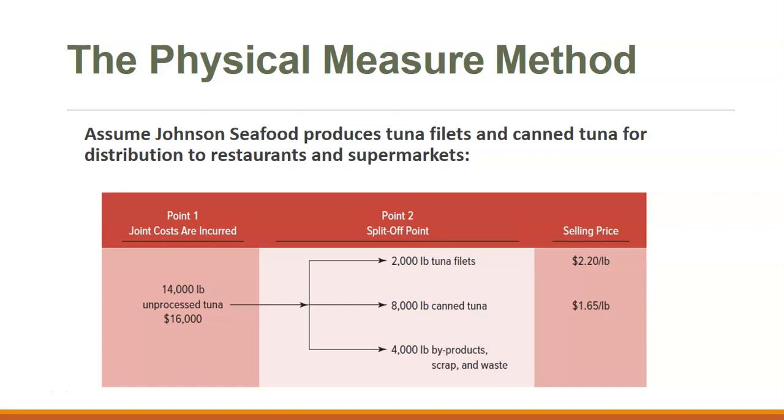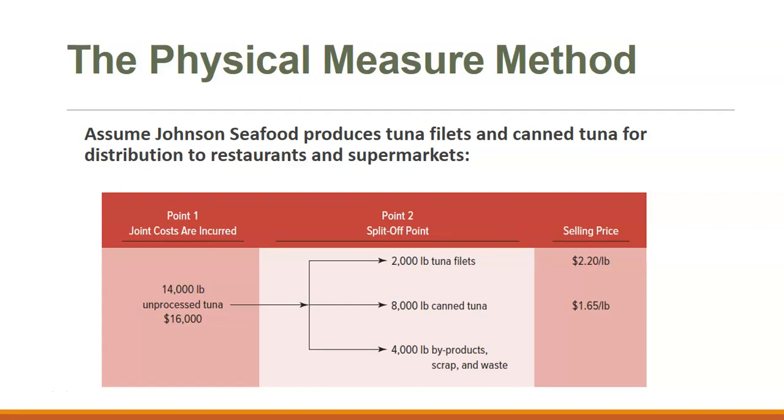So we see here from the process that 14,000 pounds of unprocessed tuna are total, and then we can split off into 2,000 pounds of tuna fillets, 8,000 pounds of canned tuna, or 4,000 pounds of byproduct scrap and waste.